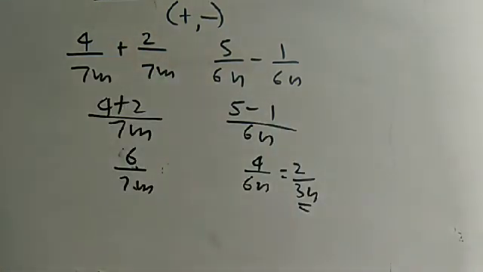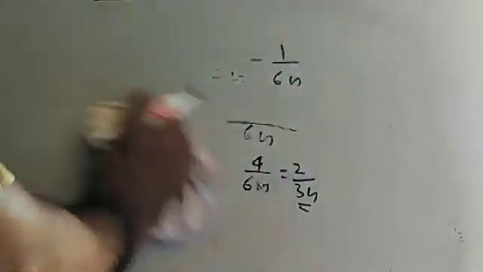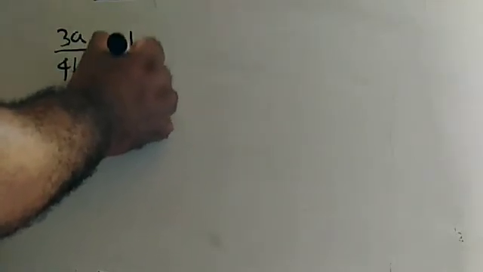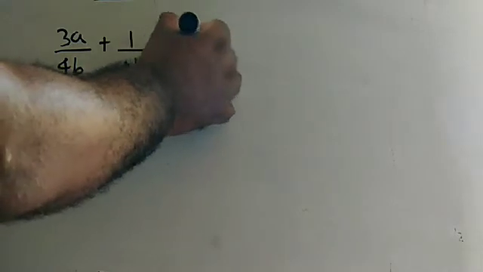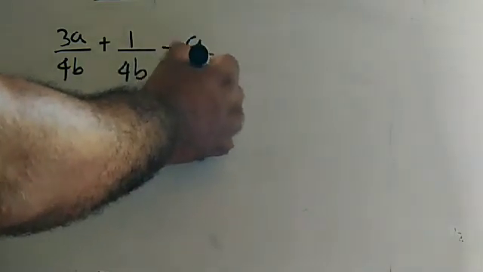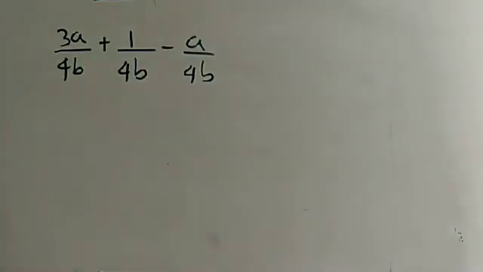Addition and subtraction of equal algebraic denominators. Another one: 3a upon 4b plus 1 upon 4b minus a upon 4b. Here, what can you see?